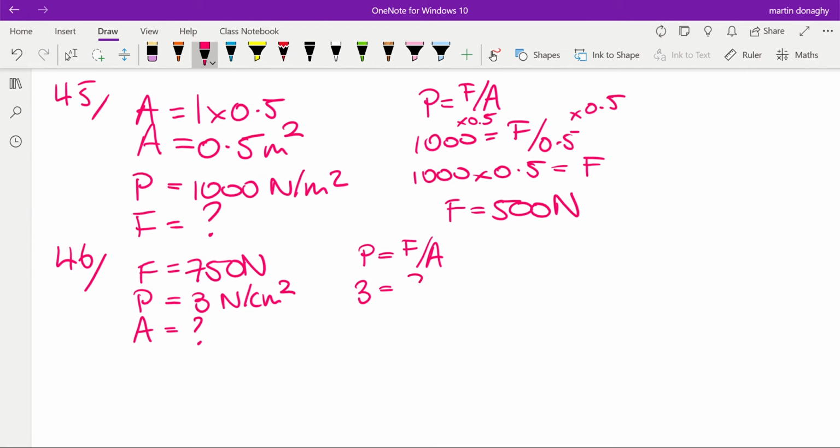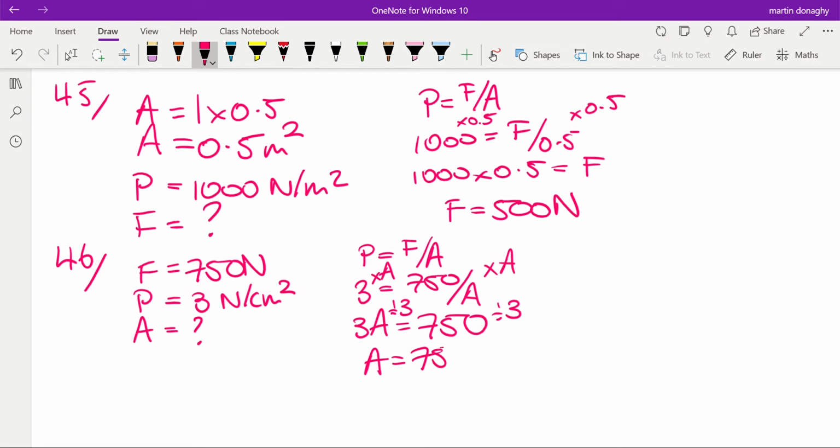So 3 equals 750 divided by A. Our first step, we cannot work out what A is when we're dividing by it. So we multiply both sides by A, and that gets rid of the division there. Then we know 3A is 750, so we divide this side by 3, divide the other side by 3, and it gives you A is 250 centimeters squared.